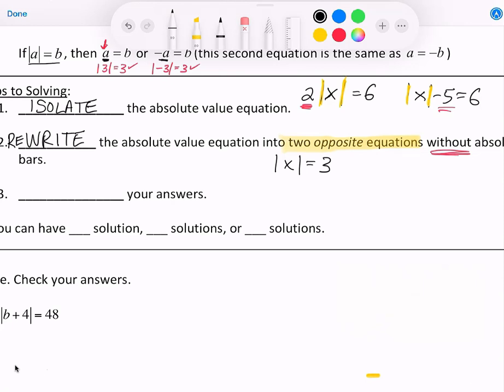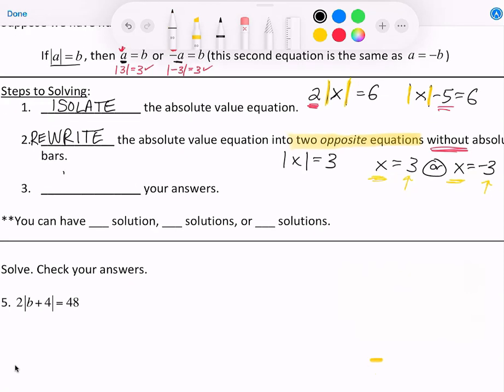We can rewrite this so that x is either 3 or x equals negative 3. So notice here I don't have absolute value bars anymore. I just have x. But I do have a positive one and I have a negative one. So that's basically the approach that we're going to take when solving these.